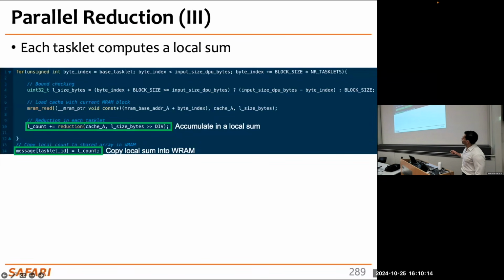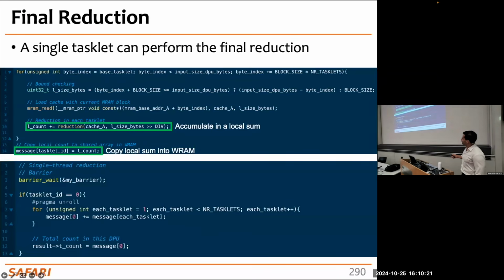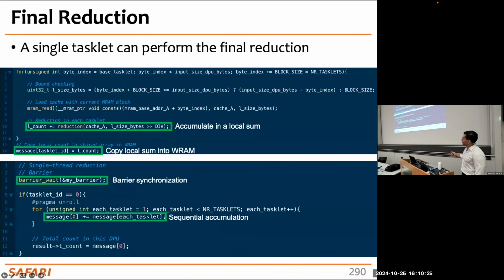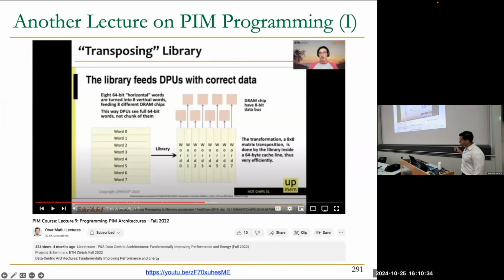So basically here you have an accumulation variable, and once this computation is done, you move this accumulation variable and finalize the final sum in one given tasklet here, doing a sequential accumulation. So that was an extremely fast description of the APIs, but hopefully this was at least a guide for you to know which API routines you are going to use doing Lab 3.